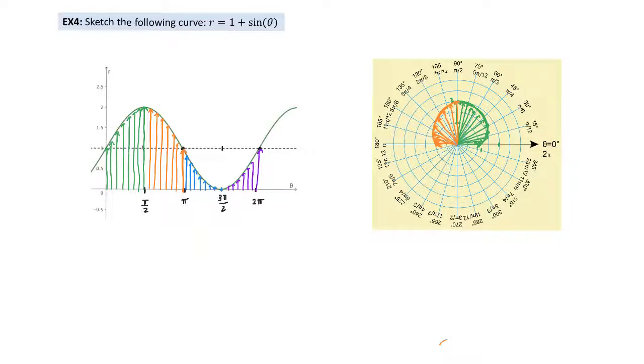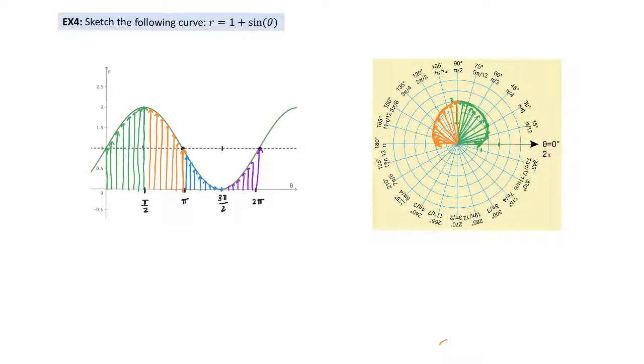Now we are going to continue from pi to 3 pi over 2. That corresponds to the blue section right here. So analyzing things, at pi, the length is exactly 1, but then those rays are getting shorter and shorter and shorter. And at 3 pi over 2, we go to 0. So we end up at the pole. Trying to mimic that, at pi, we are at 1.